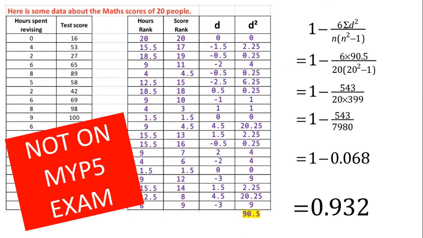Now the idea is with a correlation coefficient that if you get a value of 1, then it's perfectly positively correlated. If you get a value of minus 1, then it's perfectly negatively correlated. And if you get a value of around 0, then it's not really correlated at all. There's no correlation. So the value should always come out to be between 1 and minus 1, and in this case 0.932 is very close to 1, so that indicates strong positive correlation.